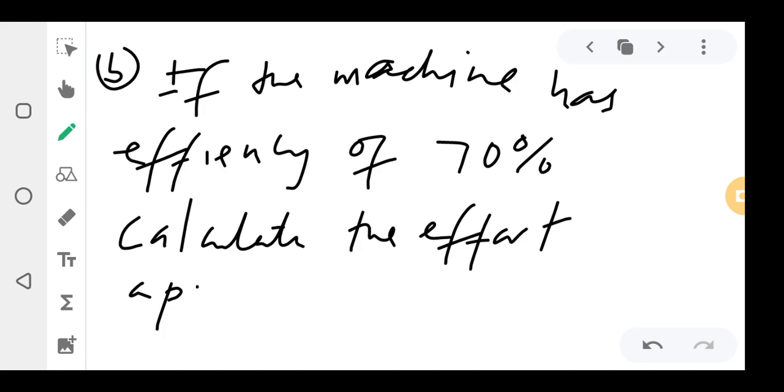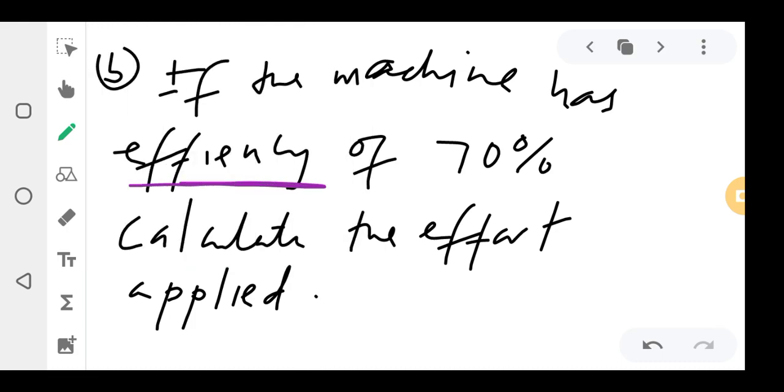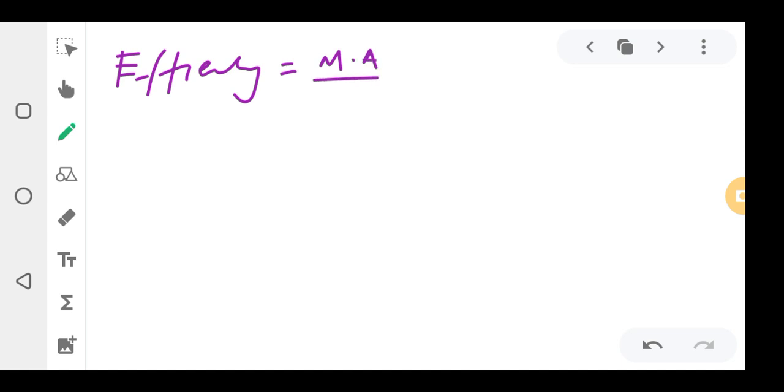The first thing is, it means you have 2 formulas that you're going to use, because you need the formula for efficiency and you need the other formula which has got effort. So you write them separately so you don't get confused. The first formula is for efficiency. Efficiency is equal to mechanical advantage over velocity ratio times 100%. The second formula, the one that has got effort, is the one for mechanical advantage.